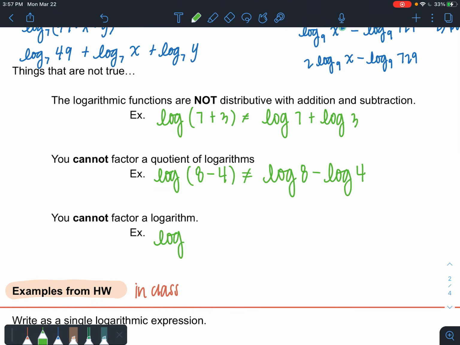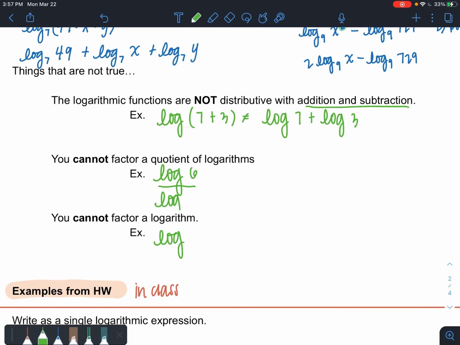All right, and then finally you can't factor a logarithm. So if I have log of, I did the wrong example again. So this goes for plus or minus. I meant to say addition and subtraction, so it doesn't really matter. Okay, so with the quotient of logarithms, if I had log of 6 over log 2, that is not equal to log of 6 over 2.